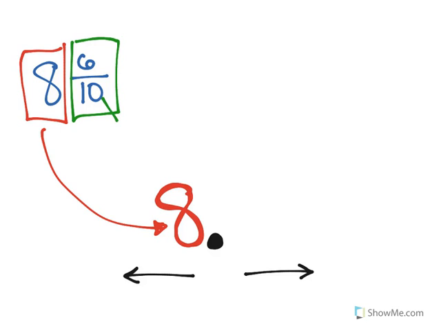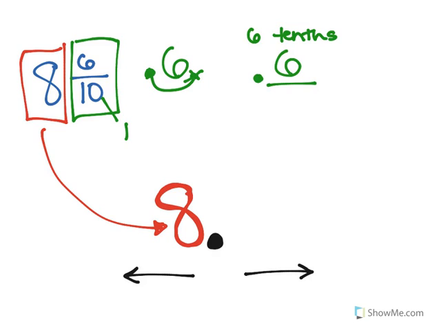So I see there's a 10. So that means I'm going to take 6 and I'm going to move the decimal point right here. Or I could have realized that it was 6/10, meaning that it got to the tenths place. So I could do my decimal point, draw my tenths, and put the 6 up above.